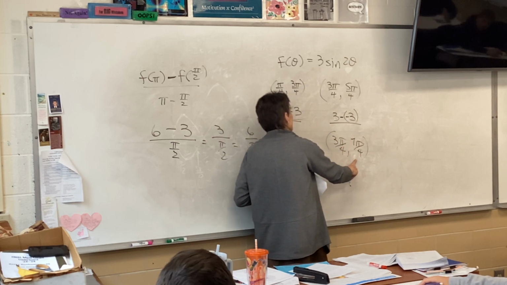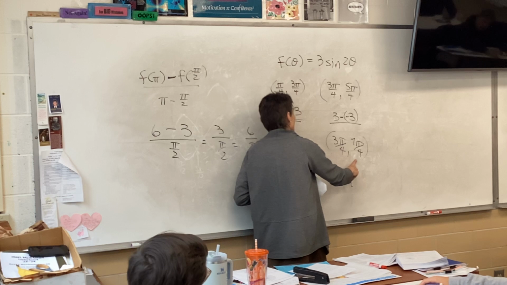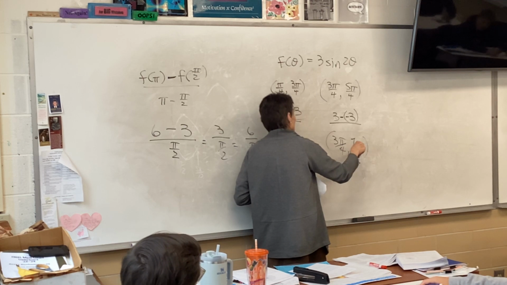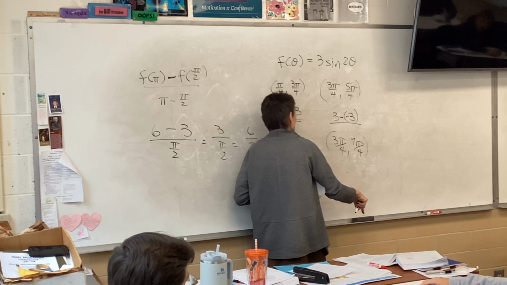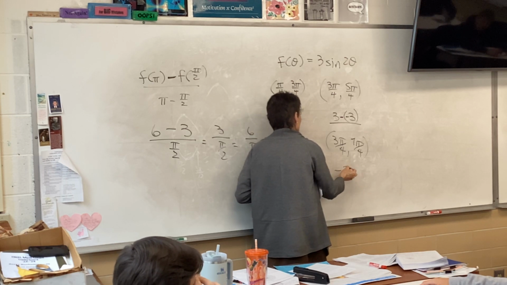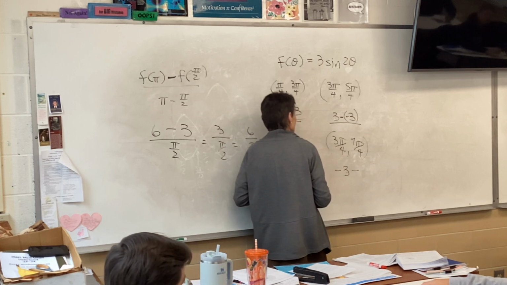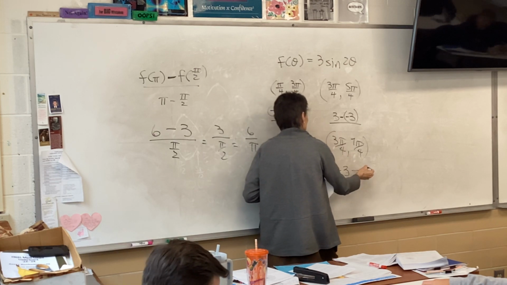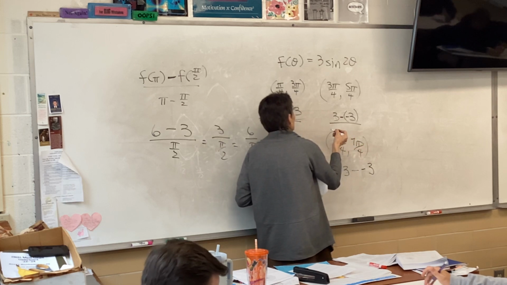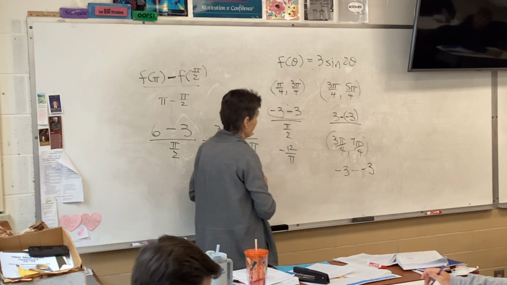That one's going to give me 7 pi over 2. Where's 7 pi over 2? Isn't it down 3 pi over 2? So that one's going to be negative. I'm subtracting. This one's going to give me 3 pi over 2. I think that's the one that gives me 0.